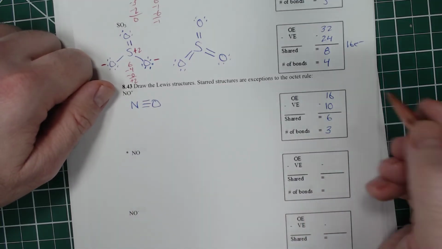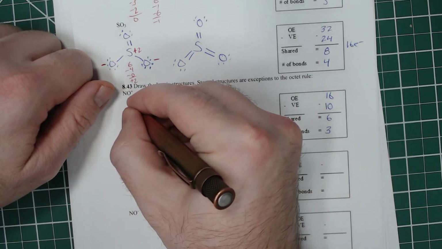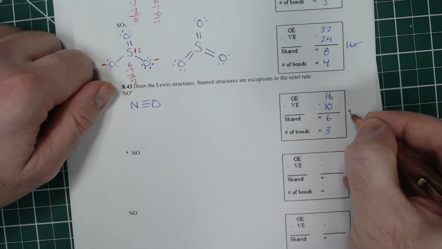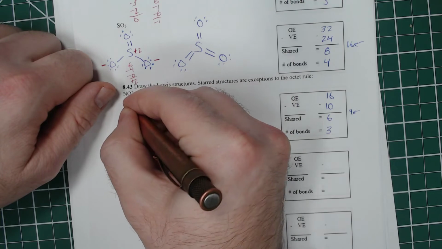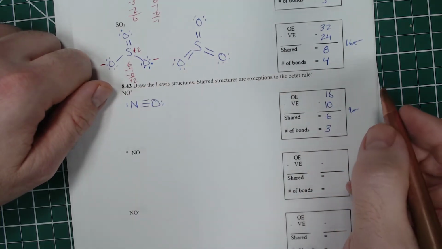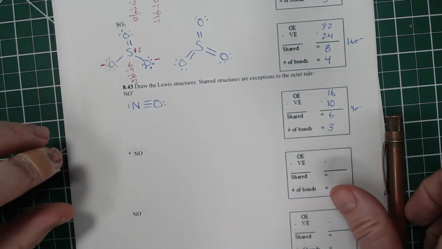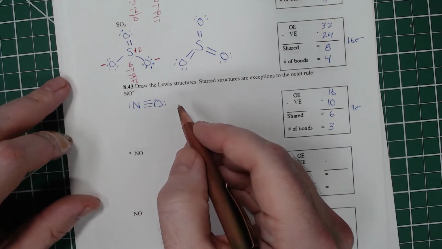Now we want to put the lone pair electrons on. We've got 10 minus 6, that gives us 4 lone pair electrons. So we'll put 2 onto the oxygen and 2 onto the nitrogen. Okay, and that is our structure.